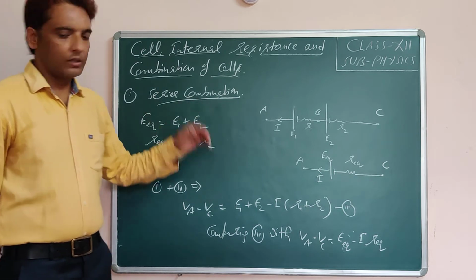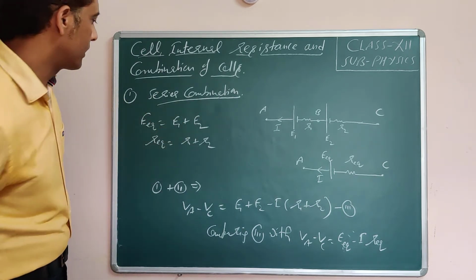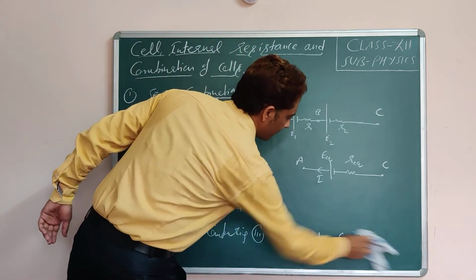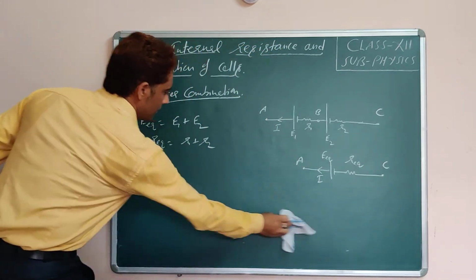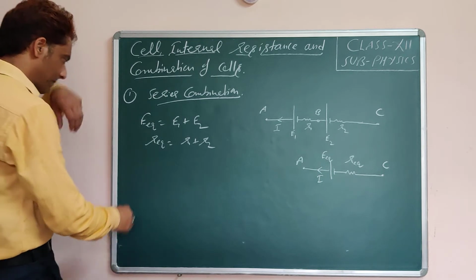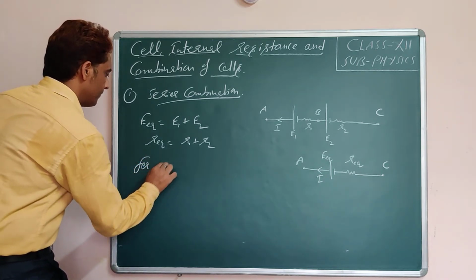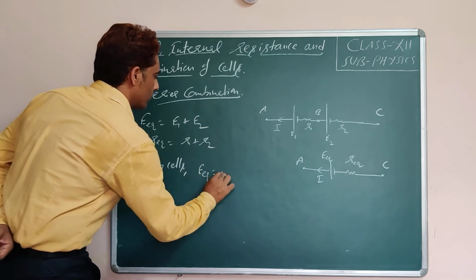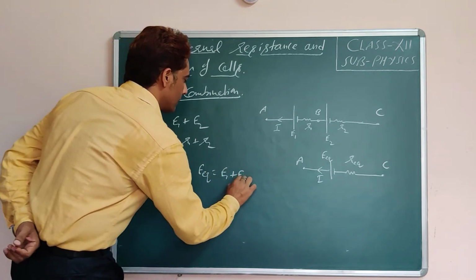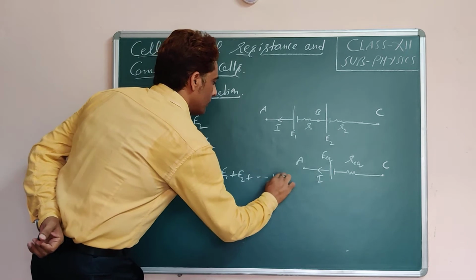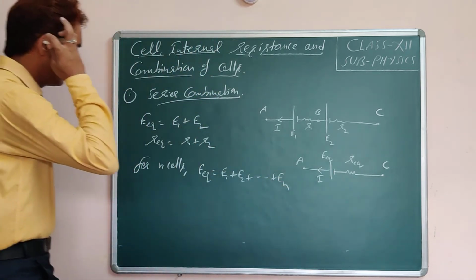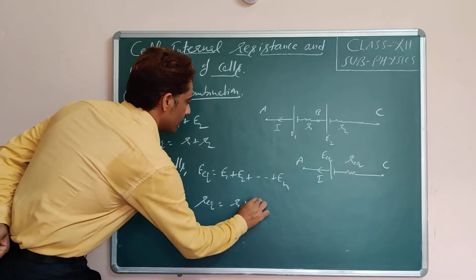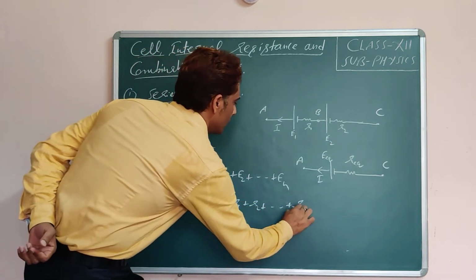So when we are having large number of cells, for example n cells of different EMF and internal resistance, we can write for n cells E equivalent is equal to E1 plus E2 plus so on up to En, and the equivalent internal resistance is equal to R1 plus R2 plus so on up to Rn.